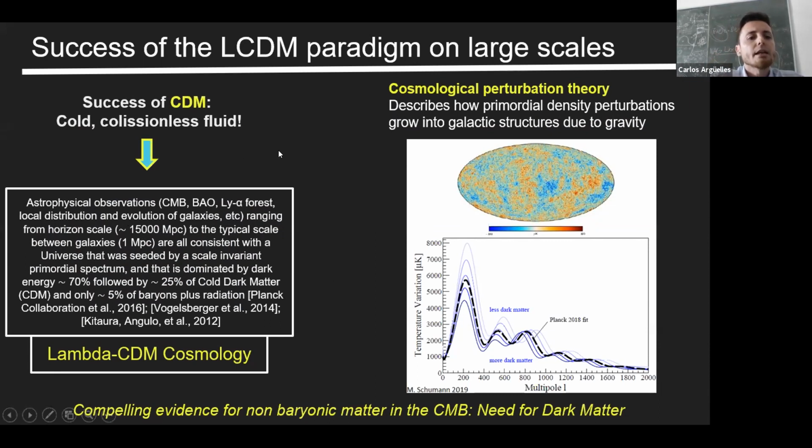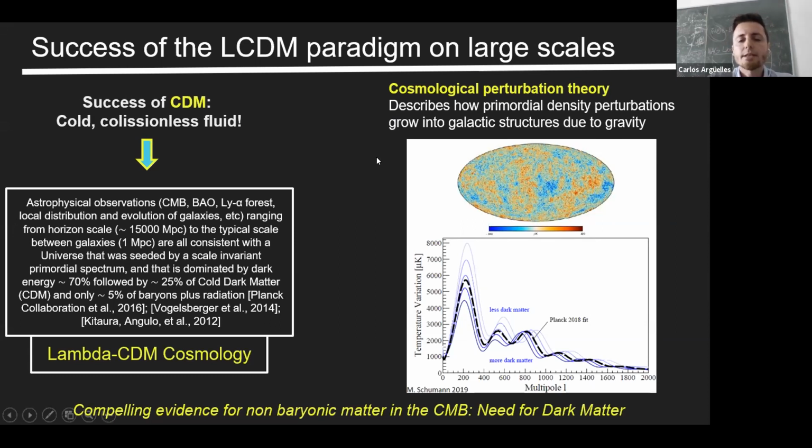So we can say that astrophysical observations such as CMB, BAO, Lyman alpha forest, and the local distribution and evolution of galaxies, ranging from horizon scales to the typical scales between galaxies, are all consistent with a universe that was seeded by a scale invariant primordial spectrum, and that is dominated by dark energy, followed by dark matter, 25%, and only roughly 5% of baryons plus radiation. So this is what is called the lambda CDM cosmology.